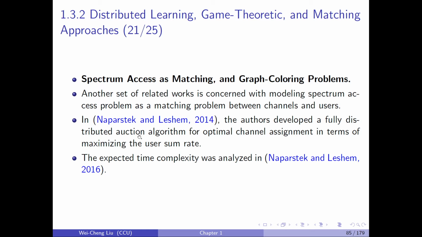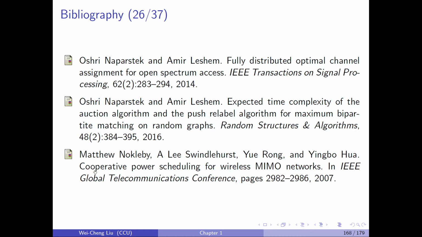Do you know what is the meaning of auction? Its Chinese meaning is 拍卖. Okay, the expected time complexity was analyzed in Naparstek and Leshem in 2016.